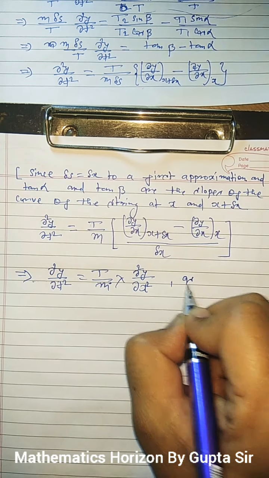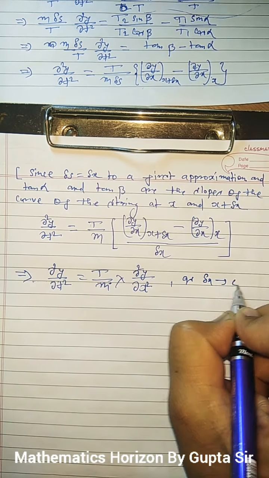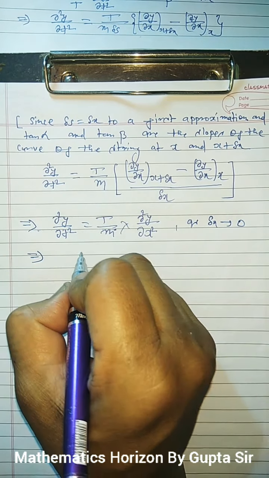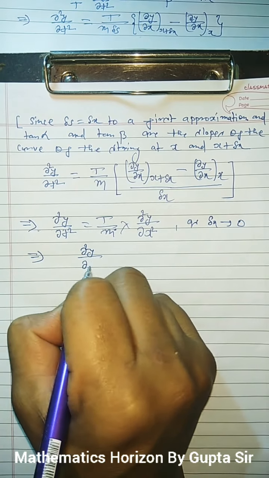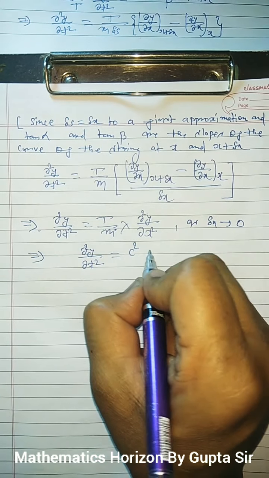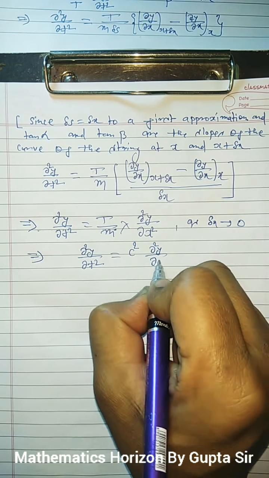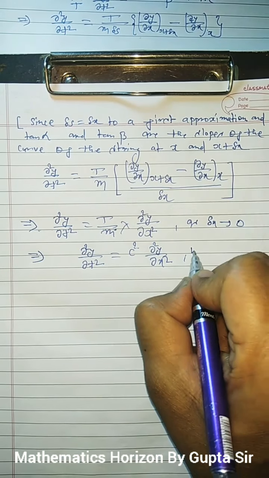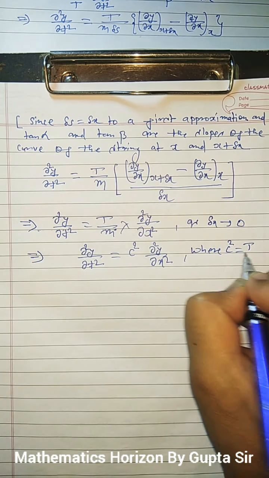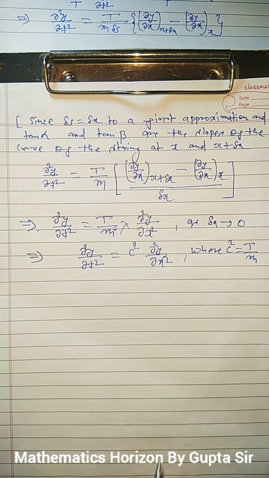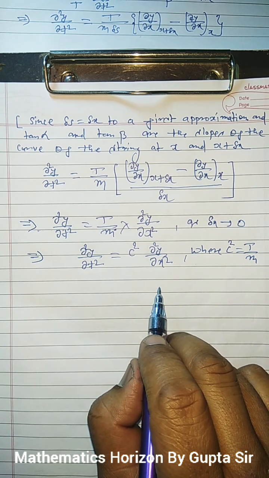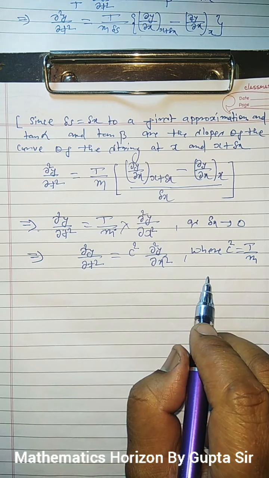as del x tends to 0, or we can write it del square y upon del t square is equal to c square del square y upon del x square, where c square equal to T upon m, which is a partial differential equation giving the transverse vibration of the string.